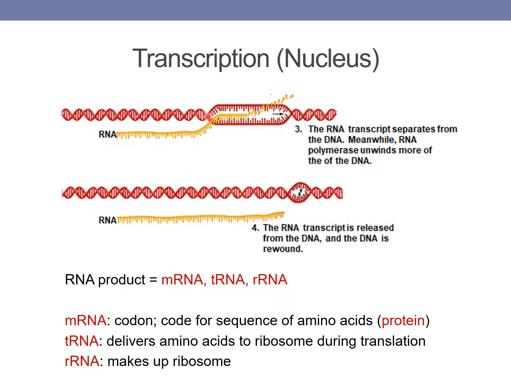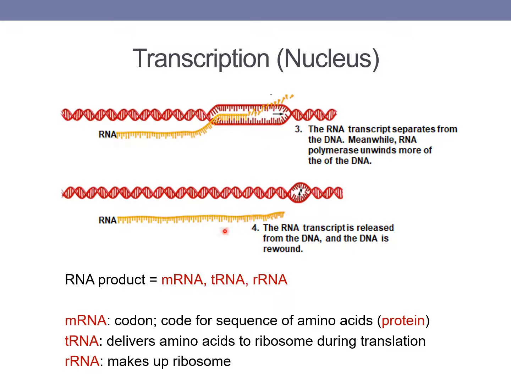And as that messenger RNA, transfer RNA, or ribosomal RNA is transcribed, those areas of DNA that have already been transcribed can recoil or rewind around themselves, and this transcription bubble will just move along the DNA until the RNA polymerase has completed transcription of that gene.